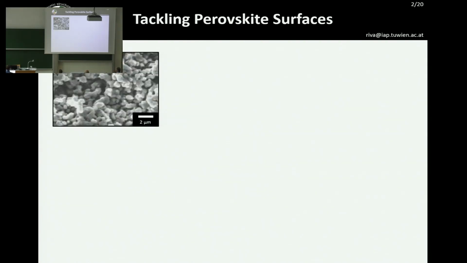The problem for us surface scientists is that these materials look pretty messy, so you cannot really approach your STM tip there and get atomic resolution. So we simplify our life a bit and use what we like to call the surface science approach.